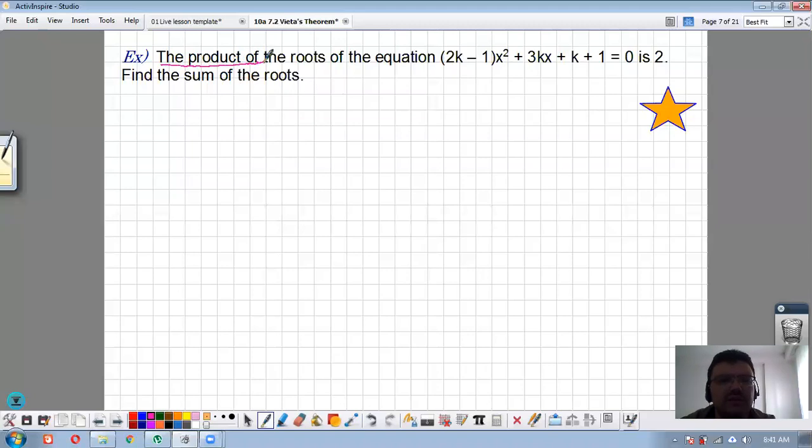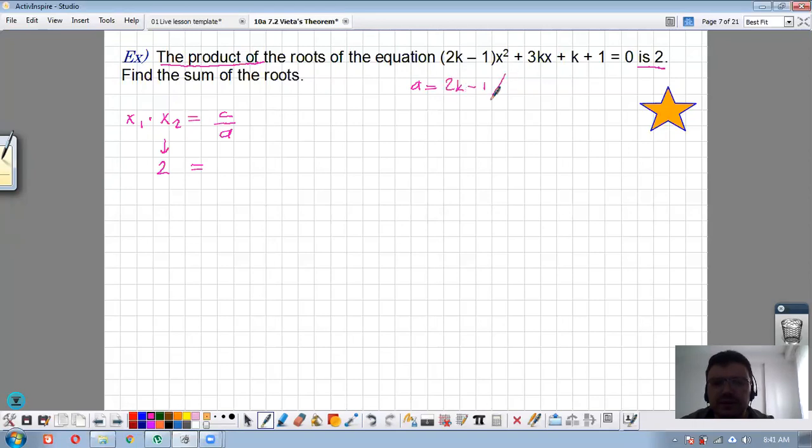The product is 2. So can you tell me the formula for the product? Do you remember that? c over a. That means when you do this c over a, the product of them should be equal to 2. So what about the a part? Which numbers do we have in the a part? 2k minus 1.